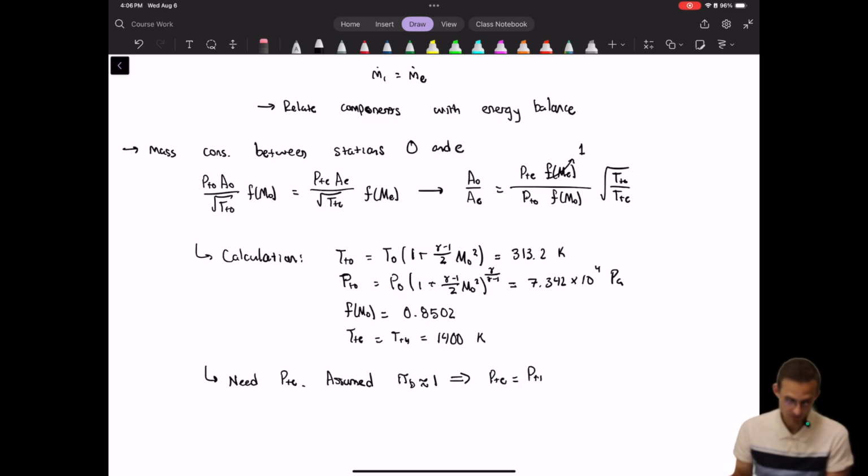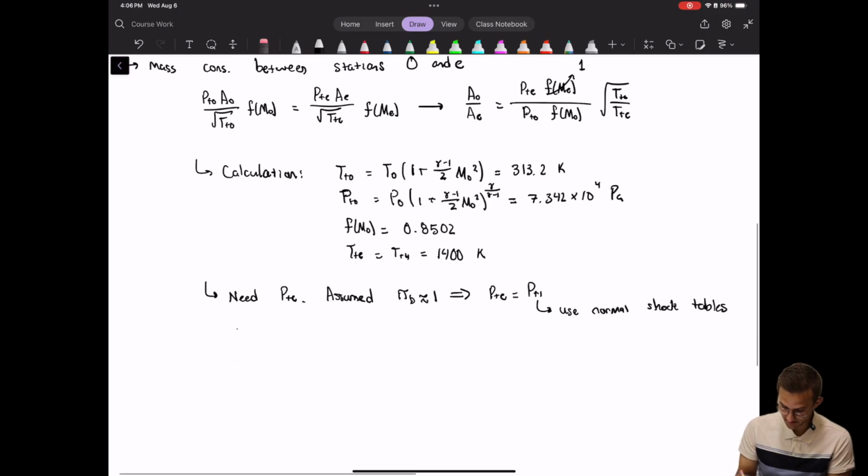Okay, and then PT1, well, we can get that using the normal shock relations. Use normal shock tables. Okay, so in the normal shock tables, for a Mach number of 1.5, PT1 over PT naught is equal to 0.92979. Just look that up in the table.